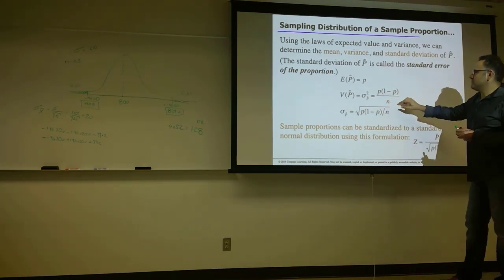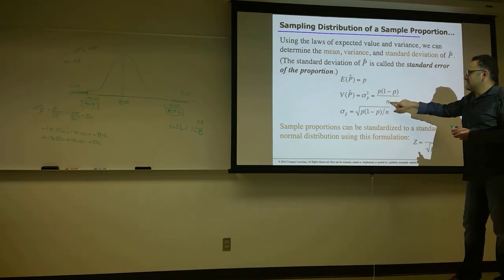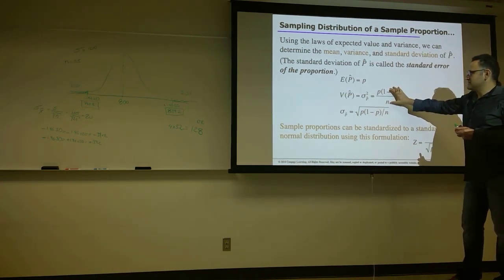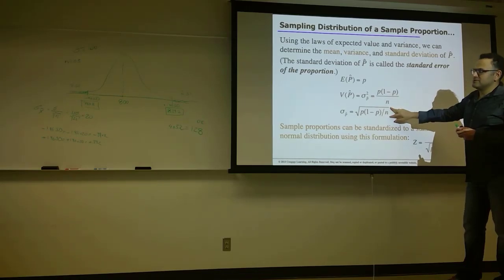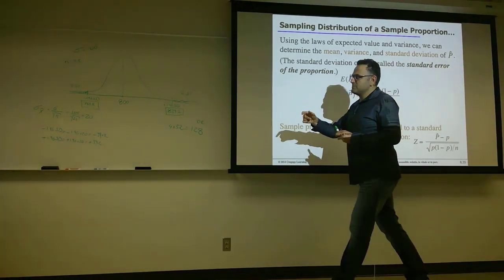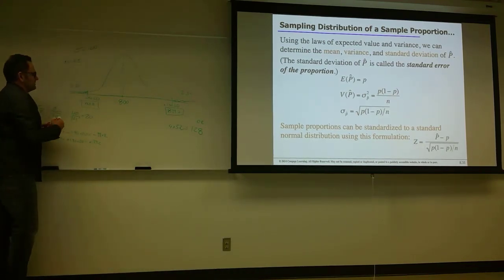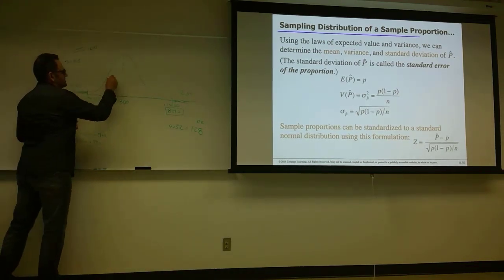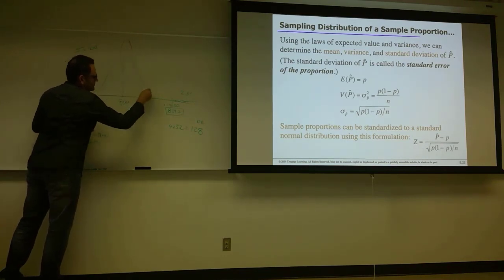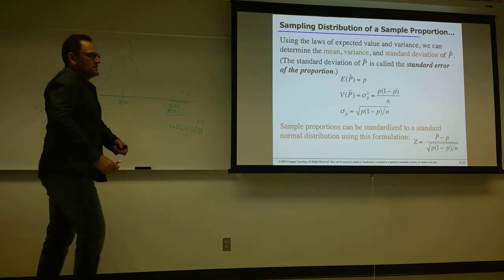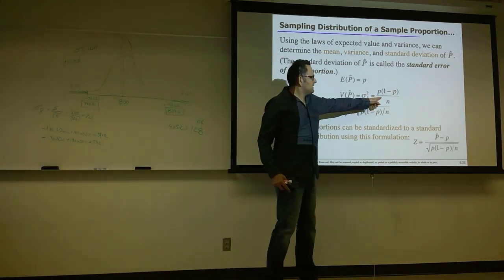Again, we have this phenomenon that as the sample size increases, the variance decreases, and accordingly also the standard deviation decreases. So just like before, with a larger sample size, what we observe is that the curve tends more into something like that. That's the effect of the larger sample size that we see here by having the n in the denominator.